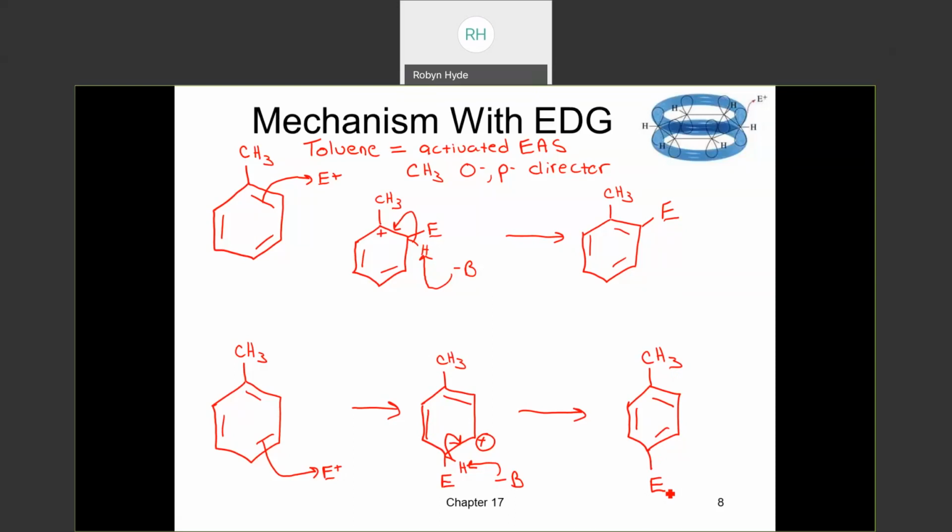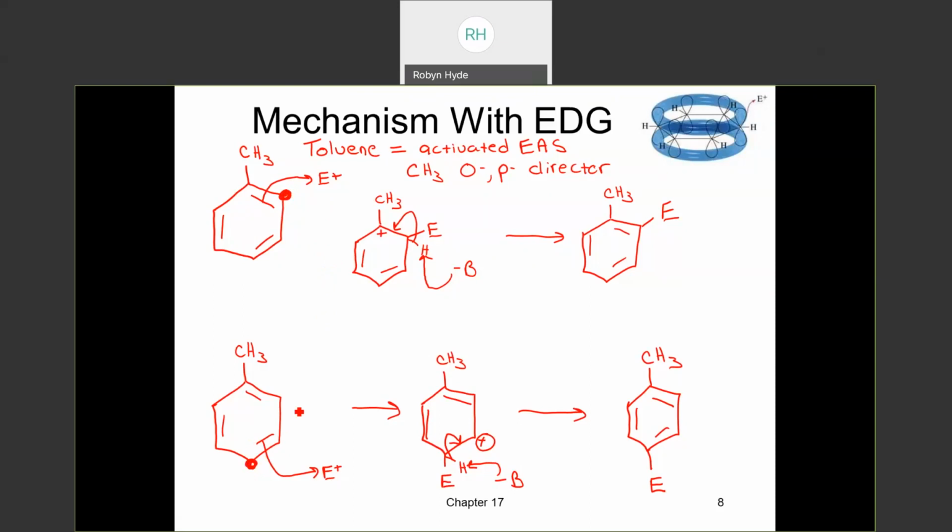So there's something else that I want to highlight here. And that is with the ortho-para director, that chemistry happens because the most dipole negative carbons are at the ortho position, and the most dipole negative carbon is at the para position. But what I want to highlight is let's look at the carbocations.